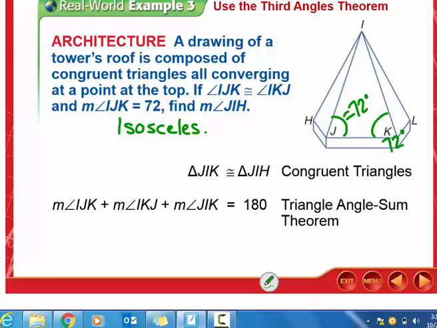So using the triangle sum theorem, I have 180 minus 144, which is the sum of these two angles. So the measure of angle JIK equals 36.